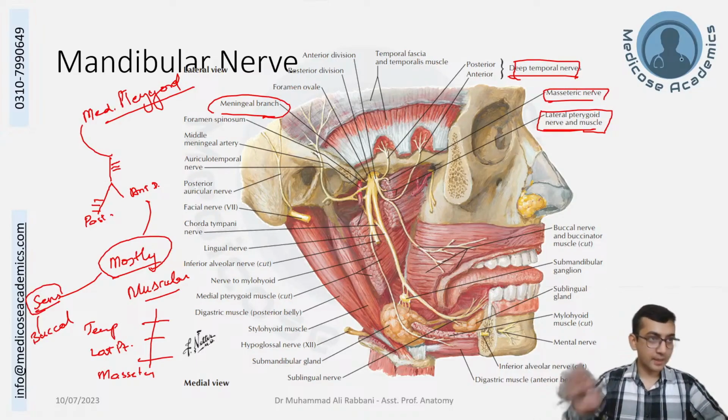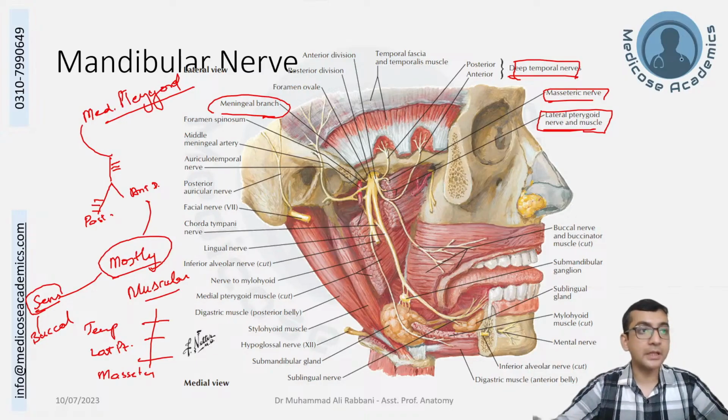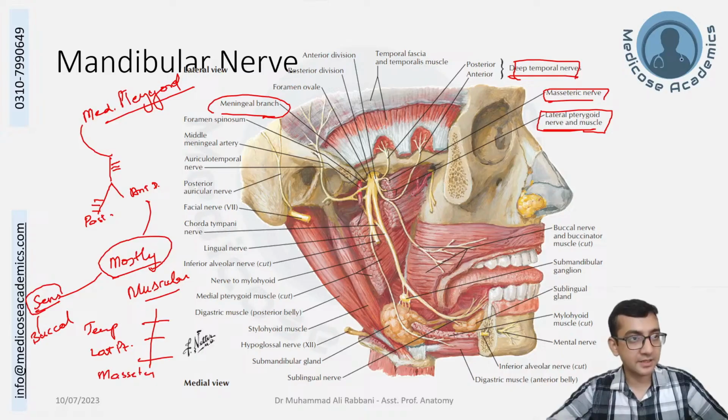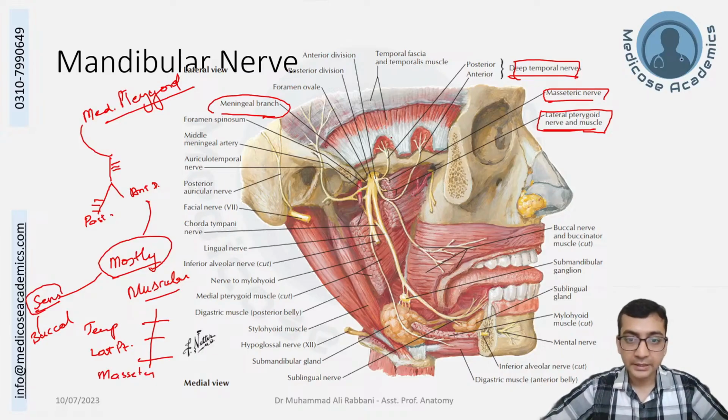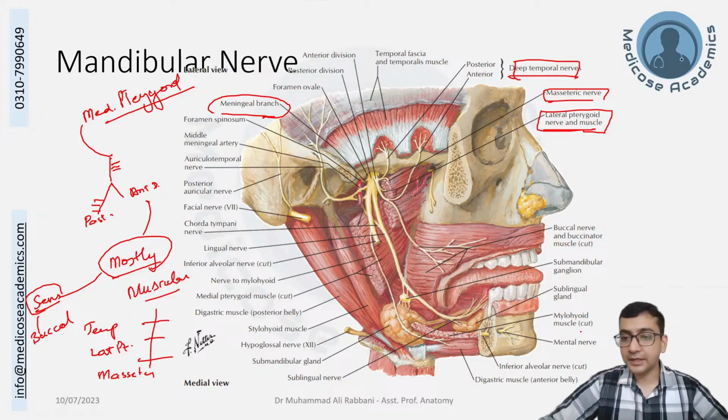It will go laterally, over the mandible, through the mandibular notch, and supply the masseter that is outside the ramus. That is the masseteric nerve. Three muscles. Then we are left with the fourth nerve, the sensory nerve, the buccal nerve.